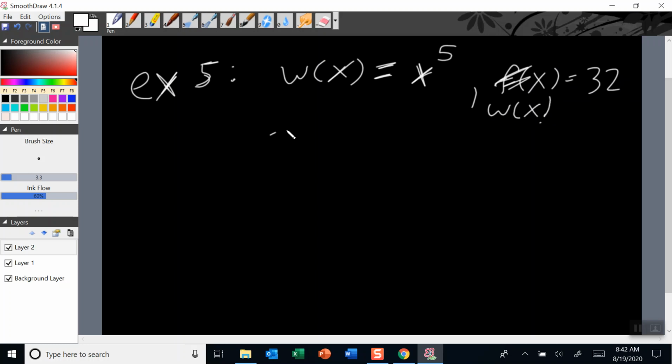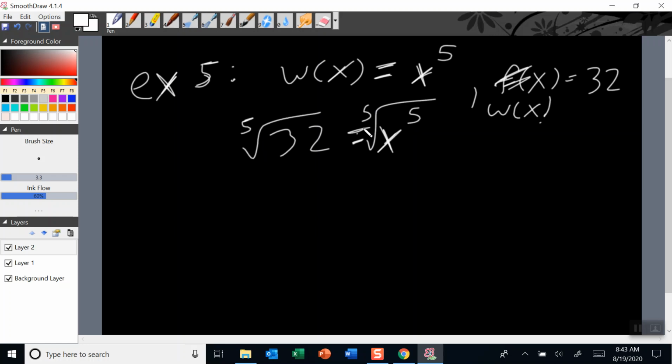Okay, so I can say 32 is equal to x to the power of 5. Well, let's see. If we have the fifth power, what is the opposite of the fifth power? We would take the fifth root, and what we do to the right, we have to do to the left.